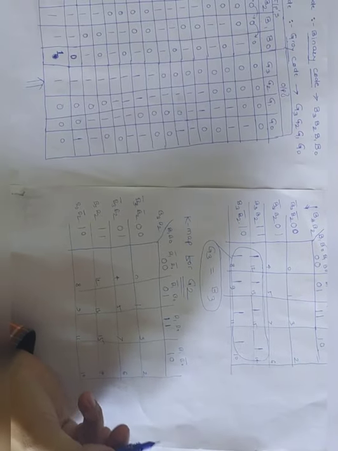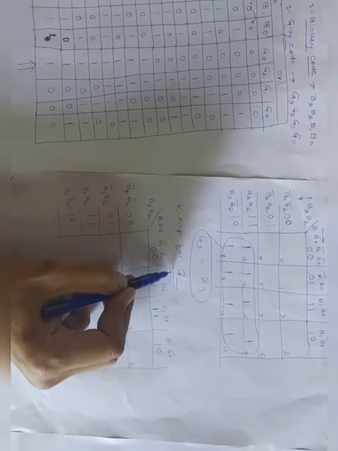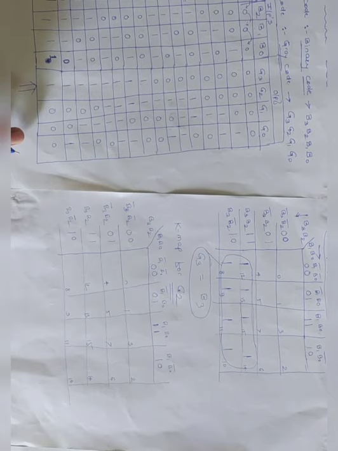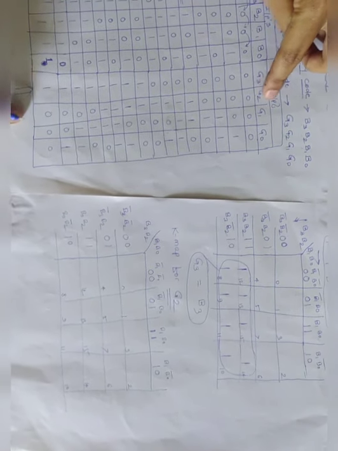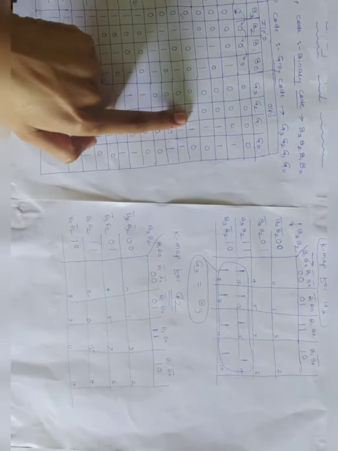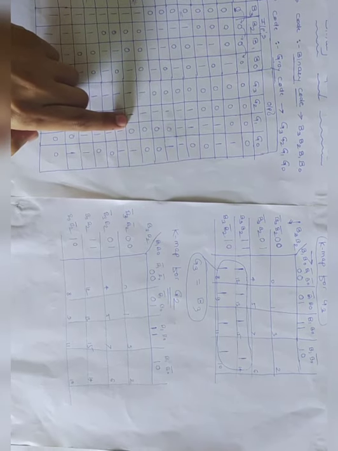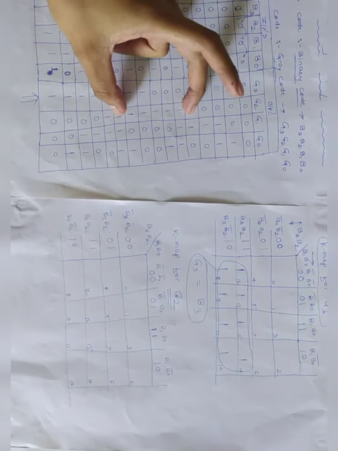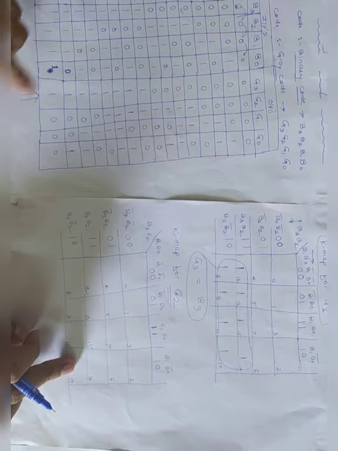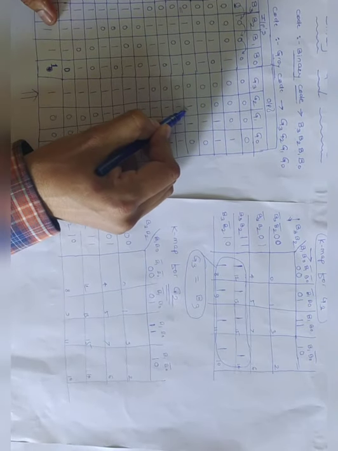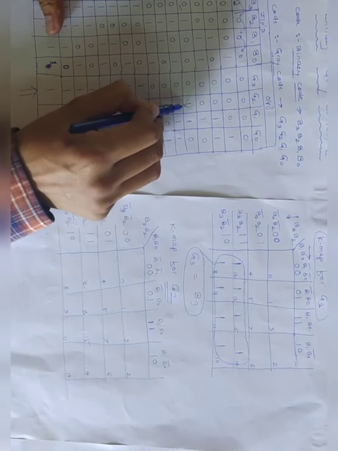Now here is the K-map for G2. Consider only the G2 column. You have to put all these ones into the K-map. I am putting the first one at number 4.